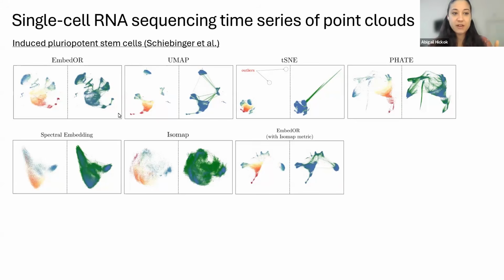These points are colored on the left by the time step, so we should see an ordering by time. And on the right, again, I'm showing the edges, the 33% lowest edges with respect to the EmbedOR metric. So these should connect points that are close in the manifold. And then we can see in UMAP and TSNE and FATE, there are a lot of these long edges that should connect points that are close in the manifold.